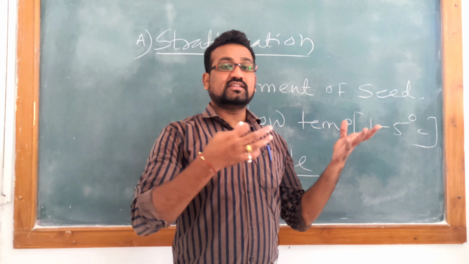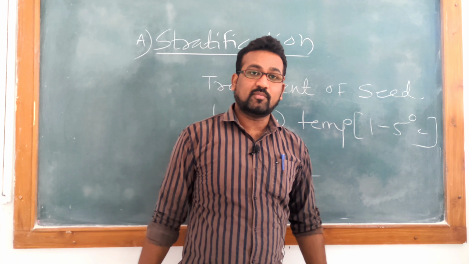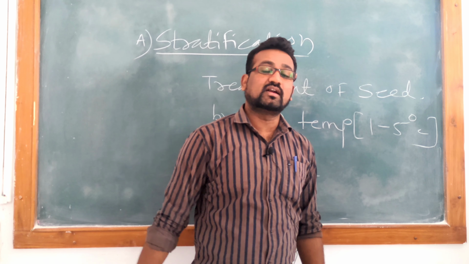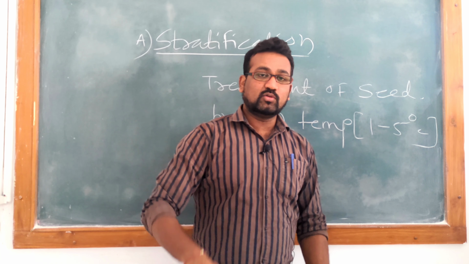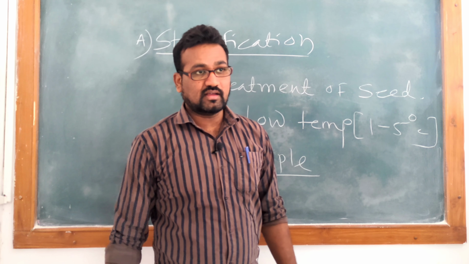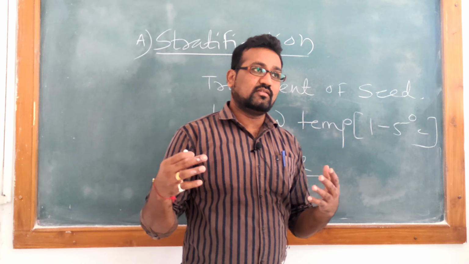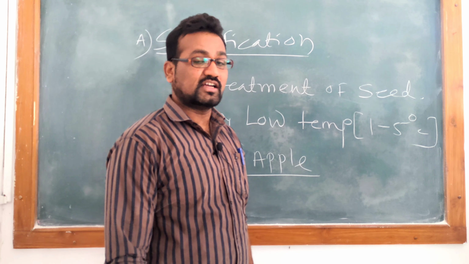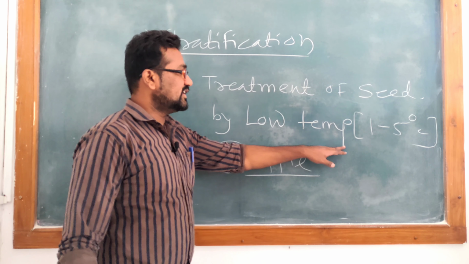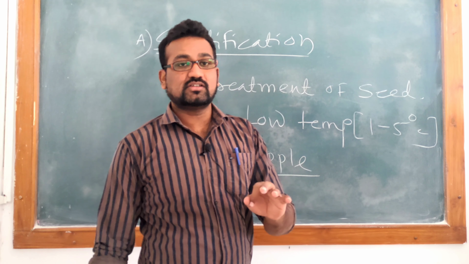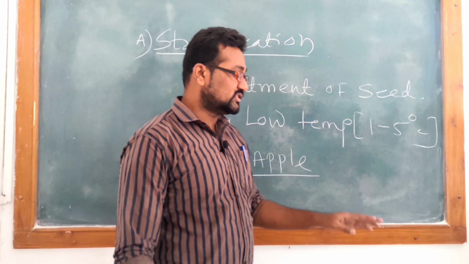When you bring apple seeds to an area like Karnataka or Maharashtra, where the normal temperature is 24 to 36 degrees Celsius, those seeds are unable to germinate. That's why we are not able to see apple plants in regions other than Kashmir. If you treat those seeds by this stratification method, definitely the germination of apple seed can take place. It was just one example.